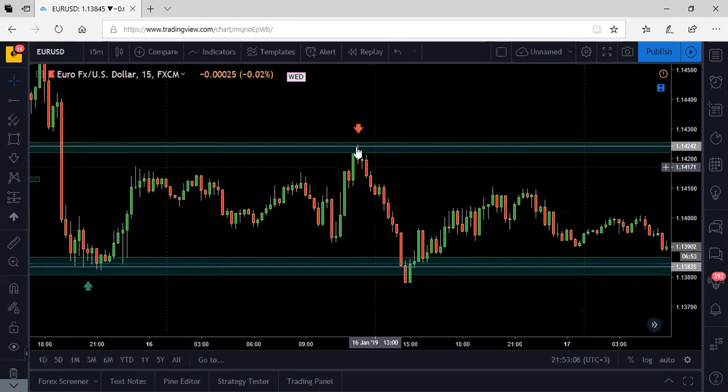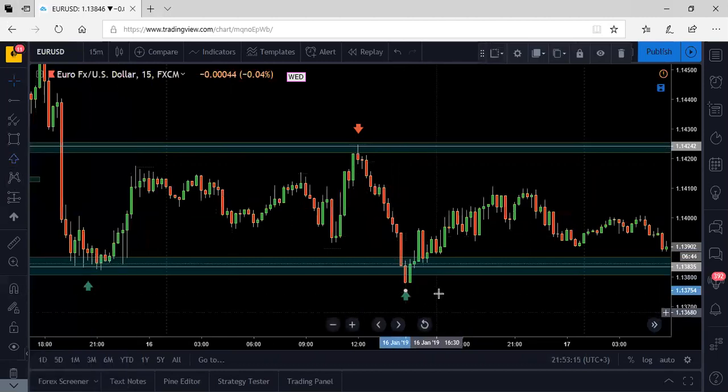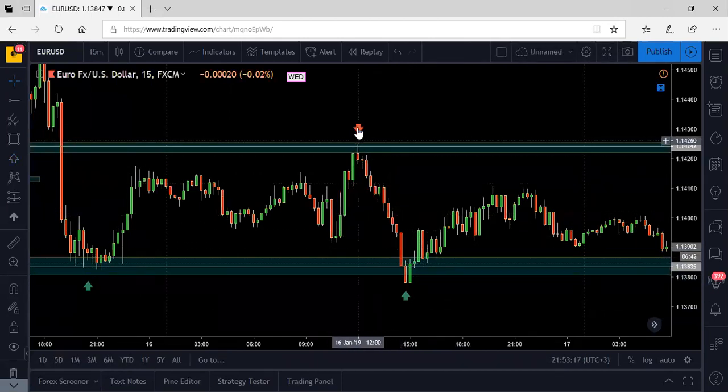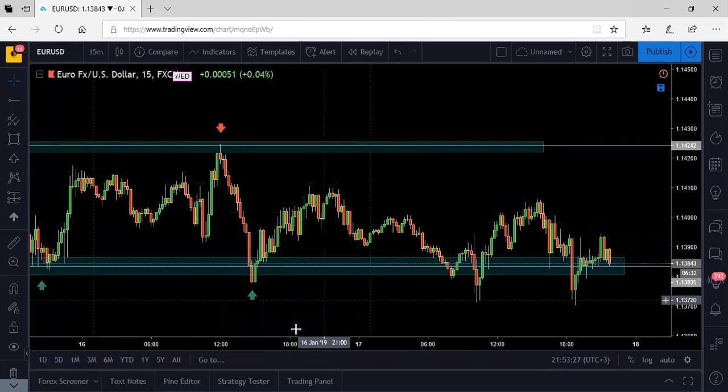Now, after looking at that, let's see what the market did over here. What happened over here? We see a period dominated by sellers all the way, and the candlesticks just show it. Now let's see what happened when price came back up there.